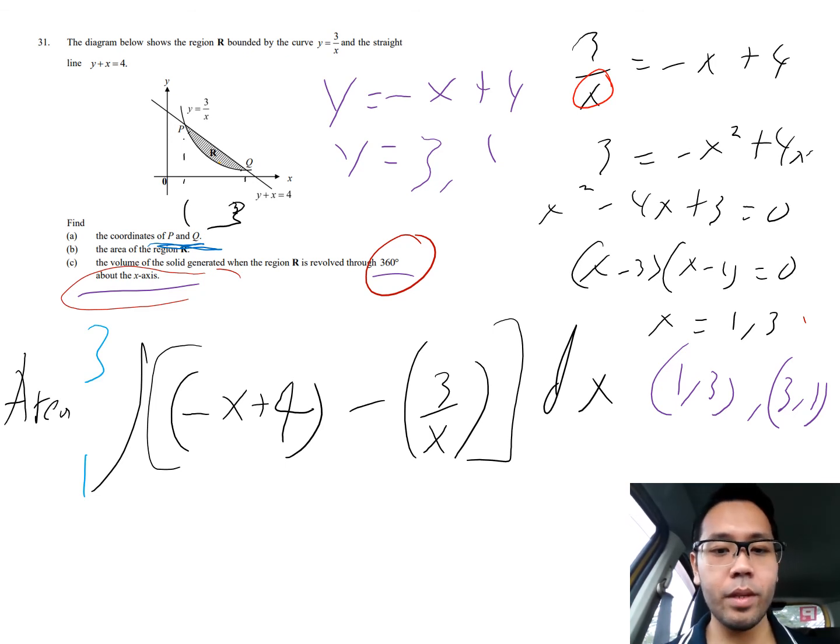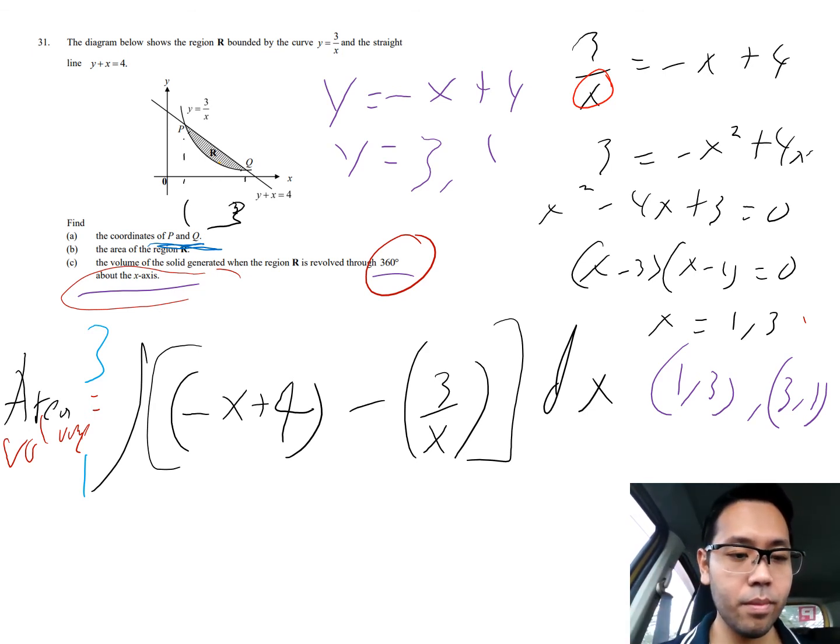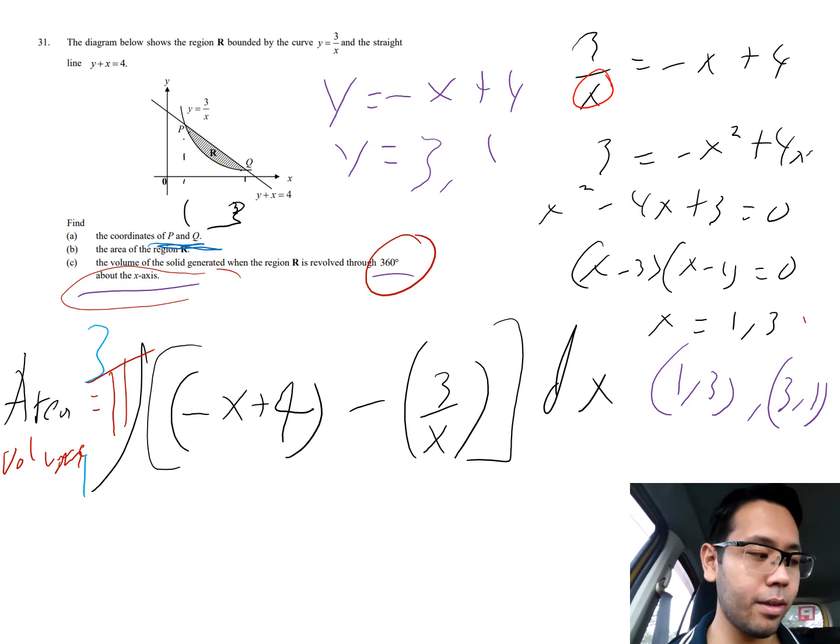Alright, this is for area. What about for volume? What's the difference between the formula for area and for volume? Class, can I have a suggestion? What should I do for volume? I should have pi outside and then square.